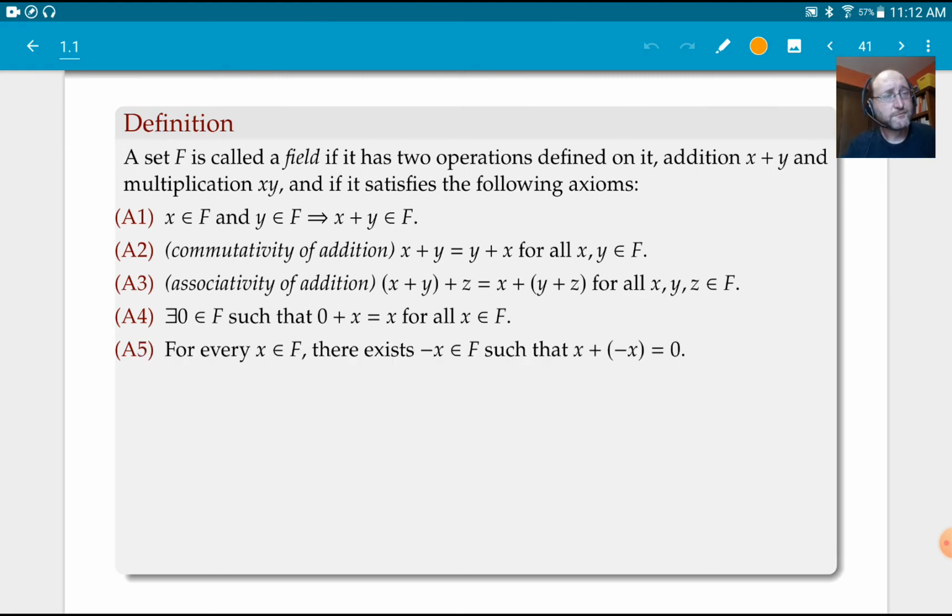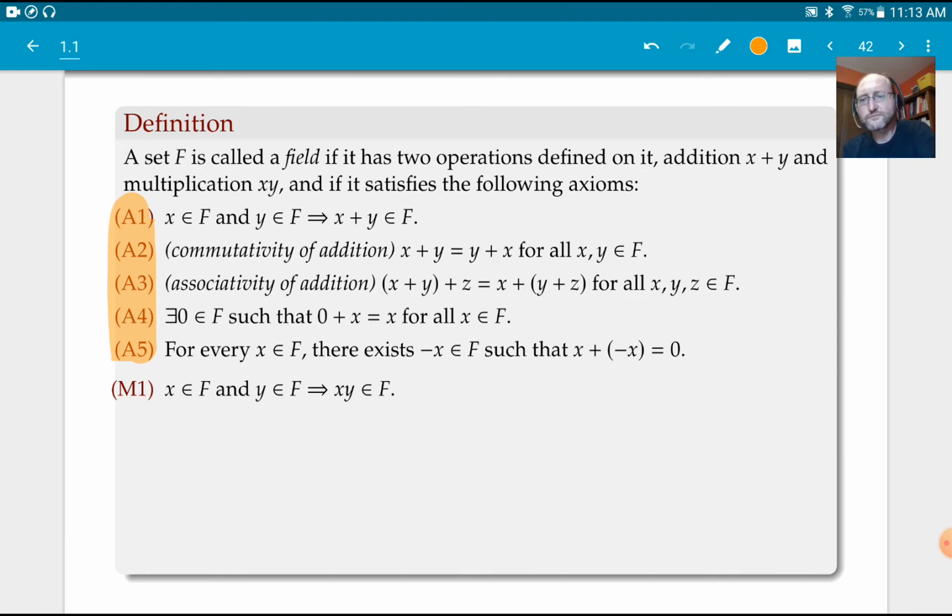And there's an additive inverse: for every x, there's a minus x, so that if I add x and minus x together, I get the additive identity, the 0. By the way, these are just saying that it's an abelian group under addition.